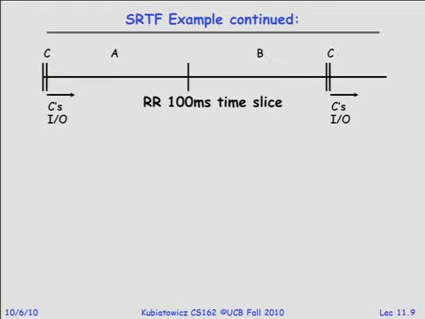What you see here is that C gets to run for a millisecond, then it does its 9 milliseconds of I/O. Meanwhile, after that 1 millisecond, A runs for 100 milliseconds, B runs for 100 milliseconds, then C gets to go. All right, so what fraction of the disk are we using here?